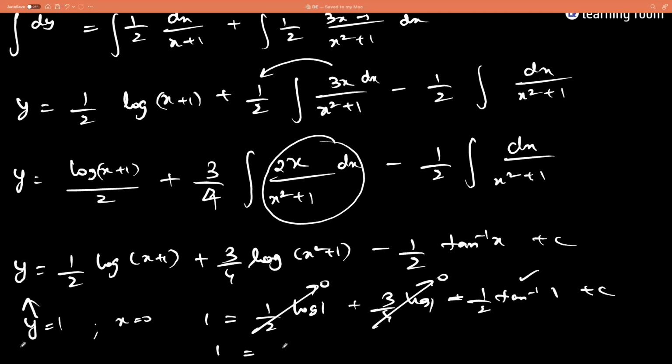So 1 is equal to minus pi by 8 plus c, which implies c is equal to pi by 8 plus 1. So x is 0 now. So when I put x is equal to 0, this will also be 0. So c is equal to 1.